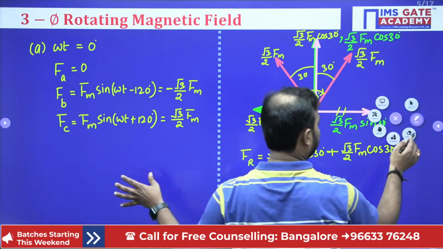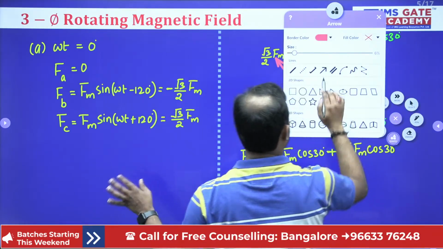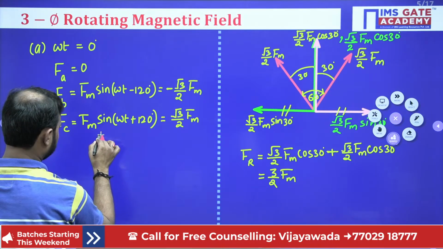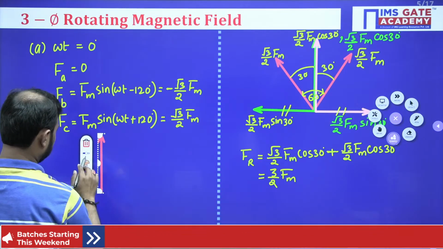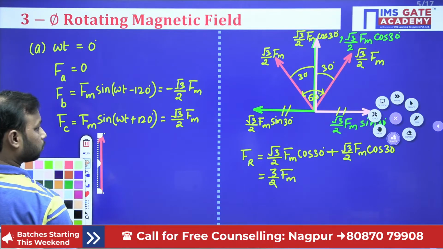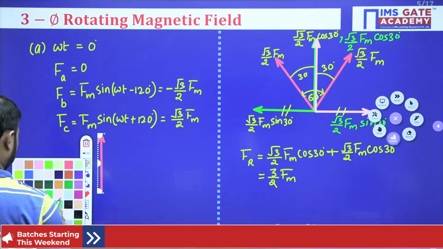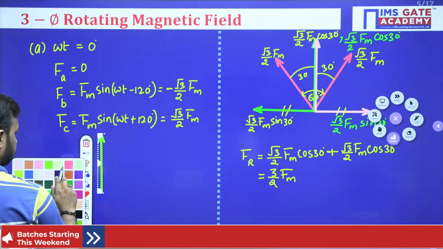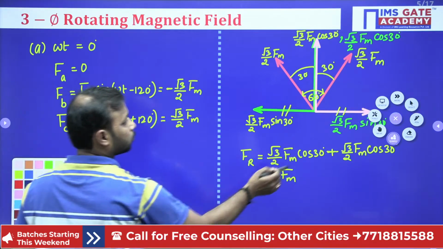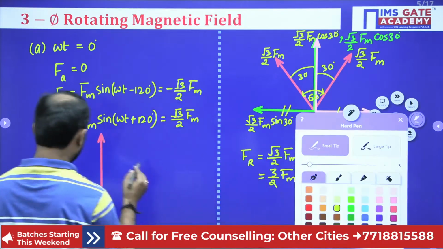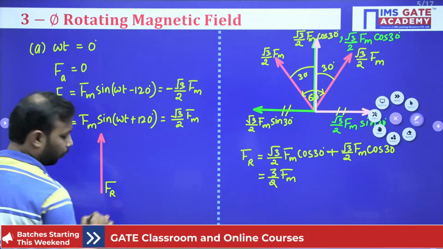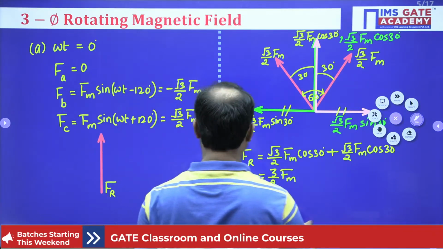So let me draw here. Direction here is upward. This is FR direction at omega t equal to 0 degree.